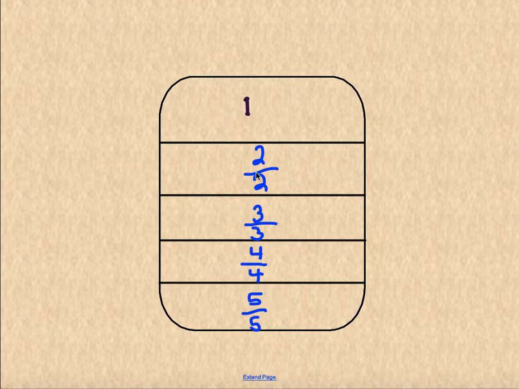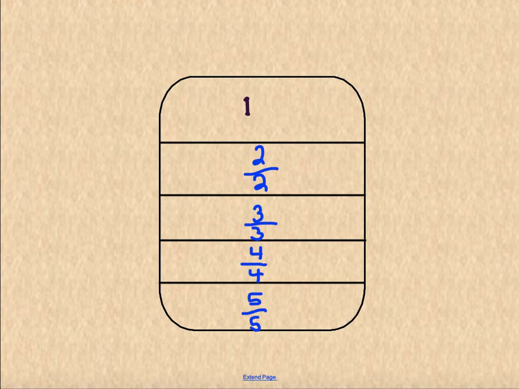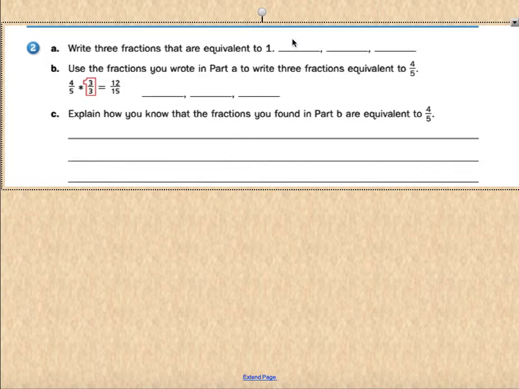Any number times these would essentially be taking it times 1. So let's take a look at the next part of your math journal. We're going to write 3 fractions that are equal or equivalent to 1. If you want to use some of those same ones that I just had, you could do that very easily. I know some of you will get creative with what you write.